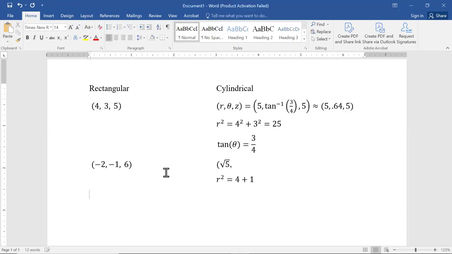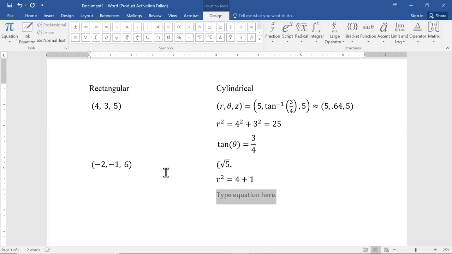My theta, I have to be kind of careful of, because I know that tangent of theta is equal to negative 1 over negative 2.